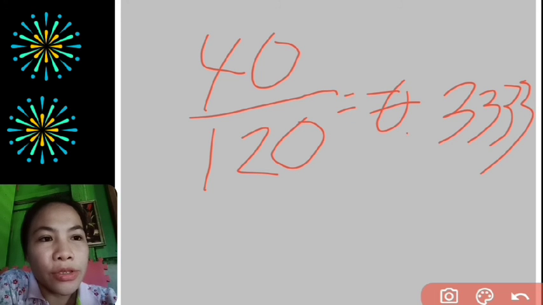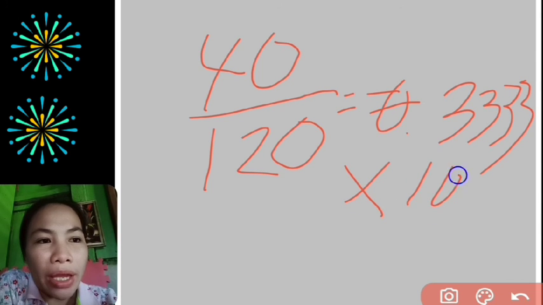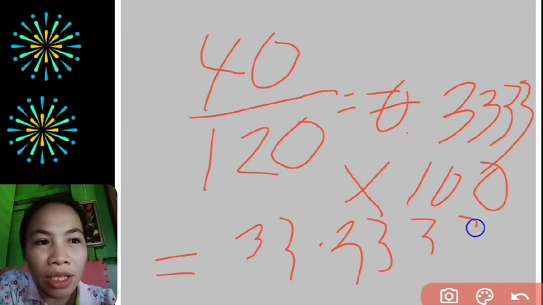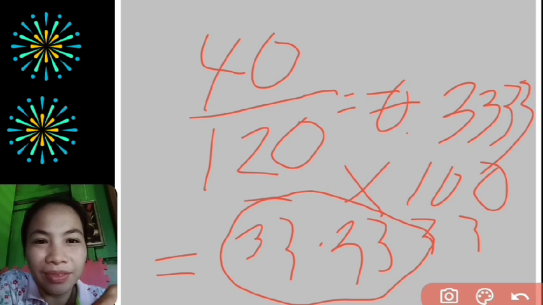So 0.3333 times 100 is equal to how much? 33.33333. But we only get two digits in the decimal.